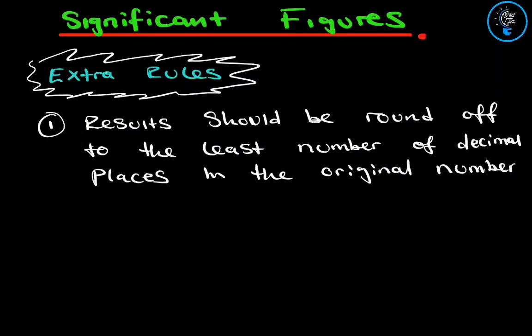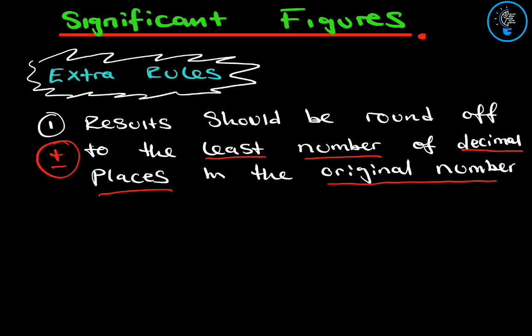So these extra rules are actually 2. There's one that governs addition, the other one governs multiplication. So let's begin with the one that governs addition and subtraction. This one governs addition and subtraction, and it states the result should be rounded off to the least number of decimal places in the original number.